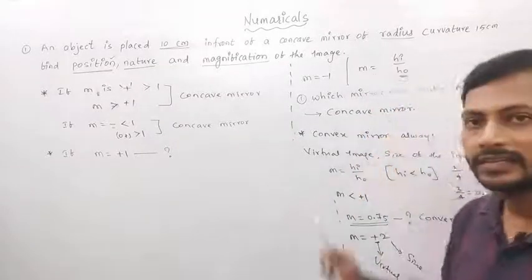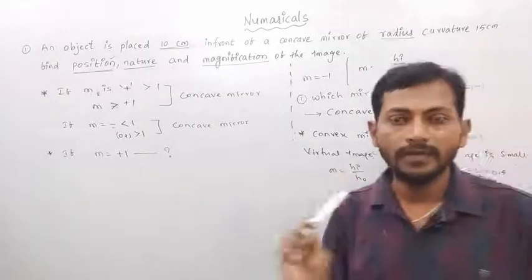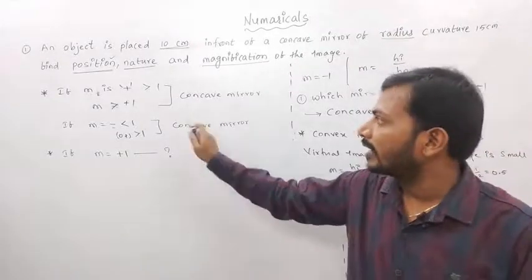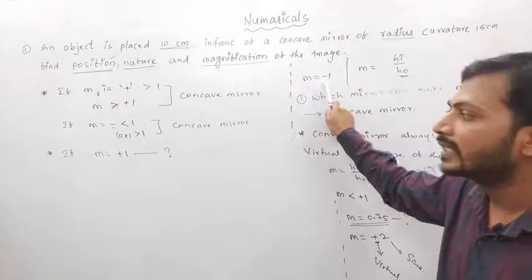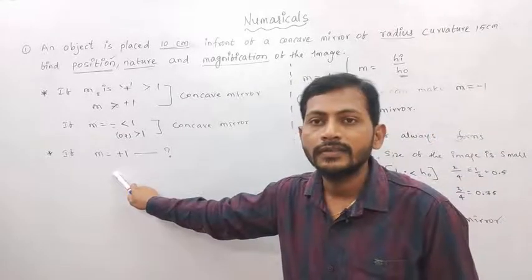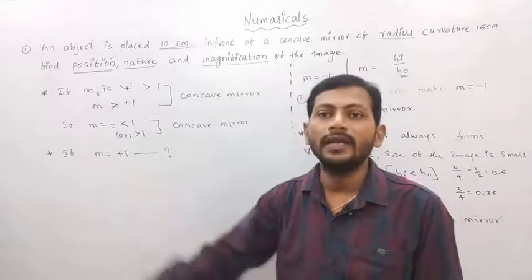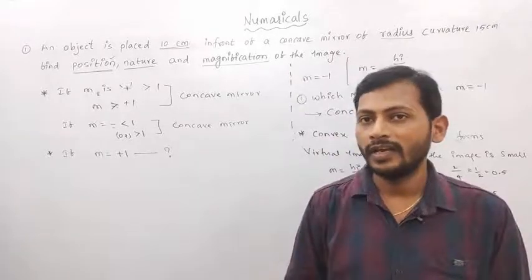Just now we discussed convex mirror always gives magnification less than 1. Concave mirror gives magnification 1, but it gives the real image, but the question asked is virtual image. So please try to apply it to our life, children. You will get it.